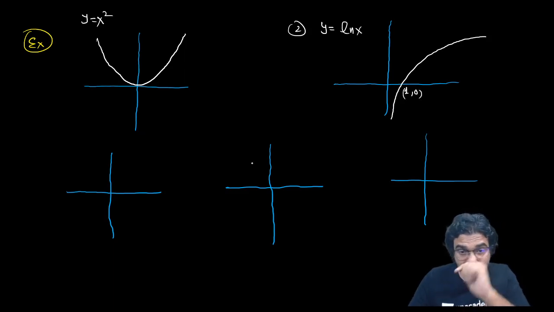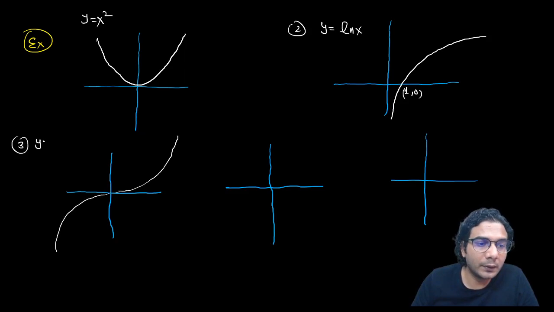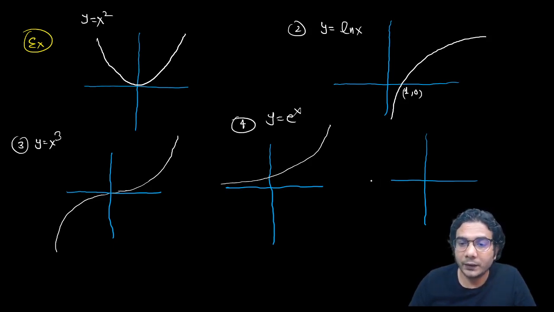Then I'll take y is equal to x cube, or any odd power you can say. This is y is equal to x cube, third, and e raised to x. y is equal to e raised to x, both, or y is equal to mod of x.